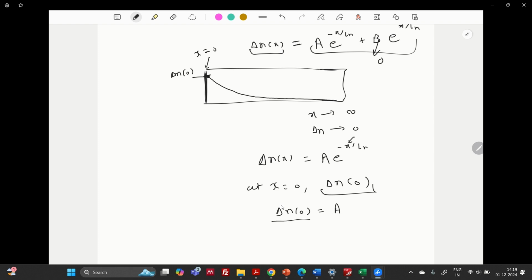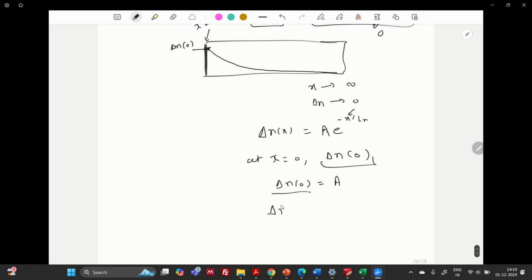So a is your delta n 0. Now plug this a back in this equation, so you get delta n as a function of x is delta n 0 into e to the power minus x by Ln. So this is the solution, and it correctly represents this picture.